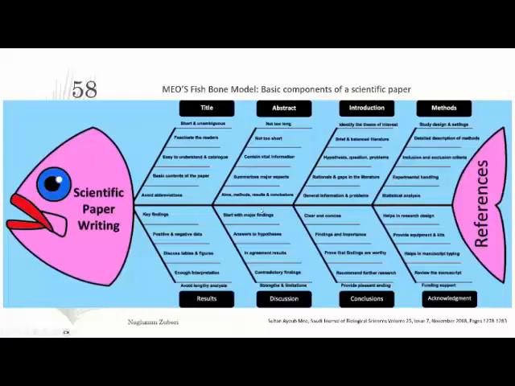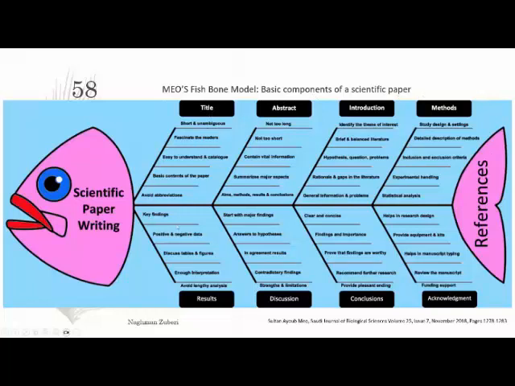Well, over here I have taken this picture. I love this picture. It was published in the Saudi Journal of Biological Sciences in November 2018 by Sultan Ayub Meo: Meo's fishbone model, basic components of a scientific paper. Very nicely done work.